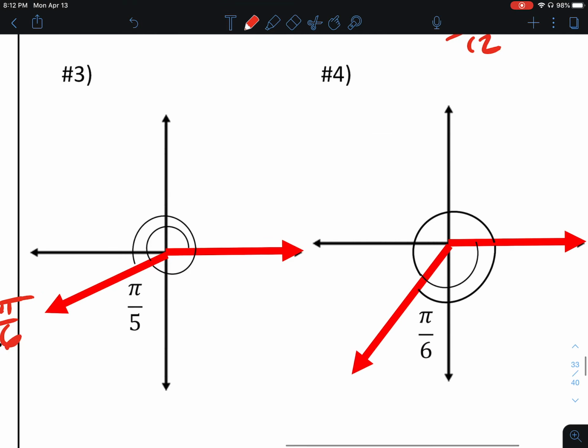Number 3, it's a complete revolution plus a little more. So let's measure these quadrantal angles by something over 5. So we get 0 pi over 5. Complete revolution will be 10 pi over 5.